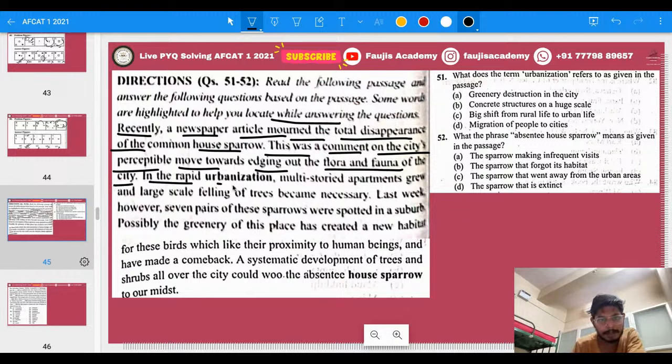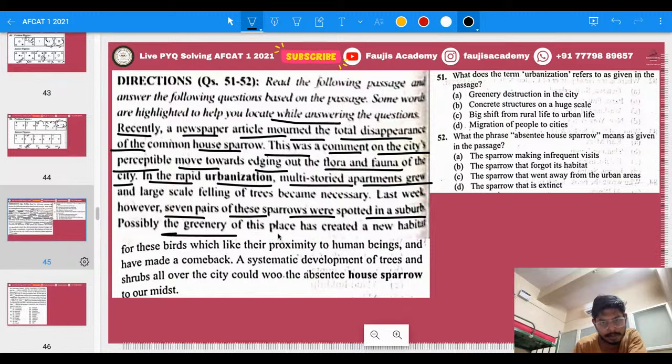In the rapid urbanization, multi-storey apartments grew and large-scale felling of trees became necessary. Last week, however, seven pairs of these sparrows were spotted in a suburb.